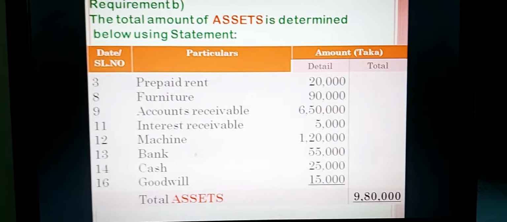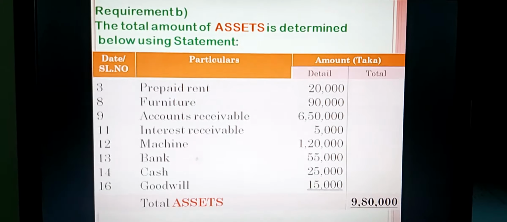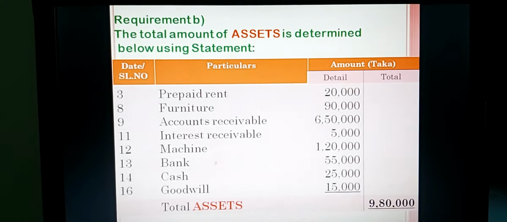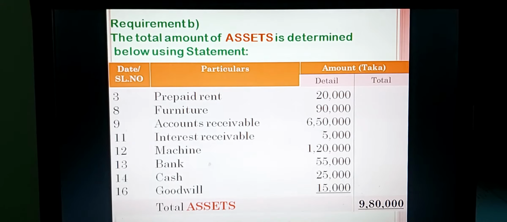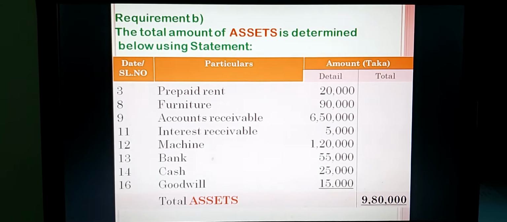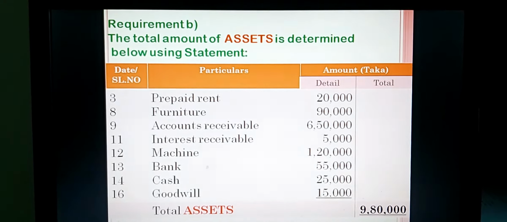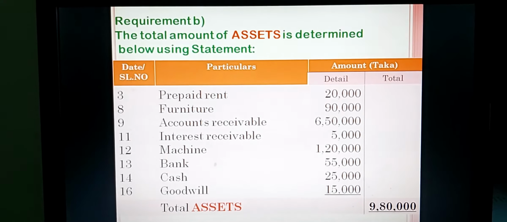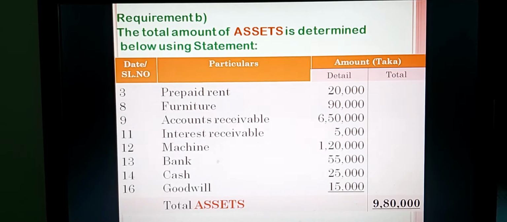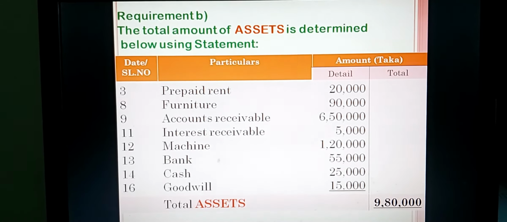Prepaid rent. Only rent or rent paid is one kind of expense, but when rent is paid in advance, or prepaid, or any expense paid in advance, then it is treated as an asset. It was told by me in the previous lecture.